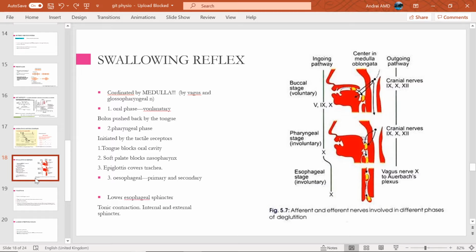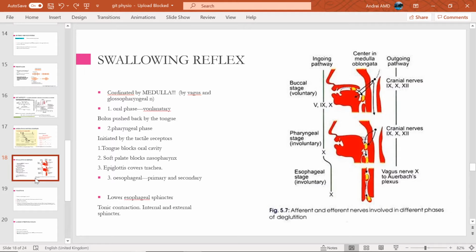And depending on where the food is, we can divide this full swallowing reflex into three: the oral phase, pharyngeal phase, and the esophageal phase. Depends on where the food is, yeah. In the oral phase, we swallow with our own decision.